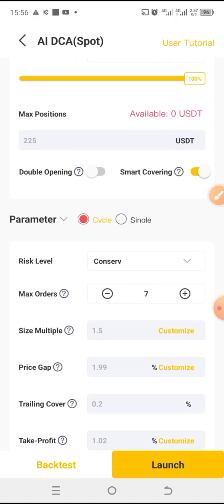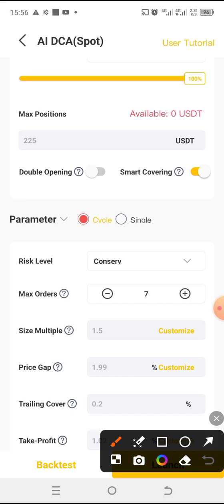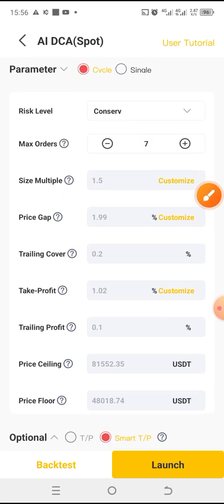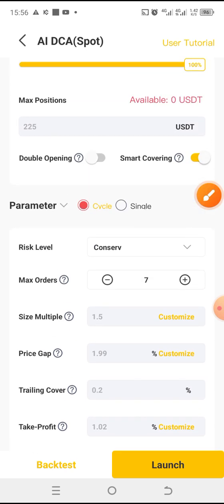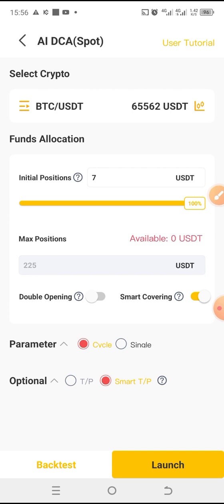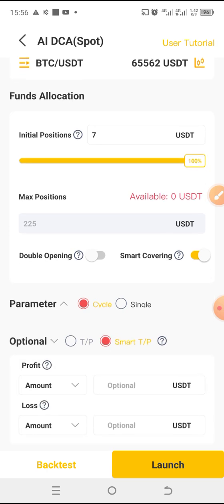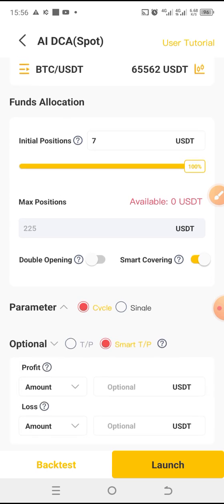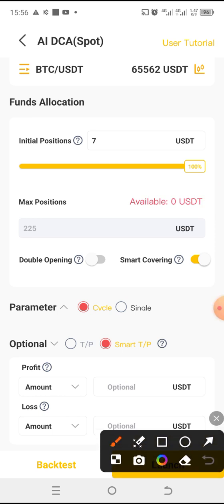Then you can't set any other thing apart from the risk level and the maximum order. That's the reason why some people choose this, because they don't have to worry about doing a lot of settings. Here also, you can decide on the optional profit amount and loss amount.